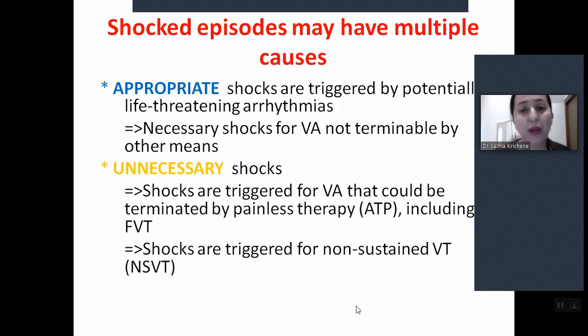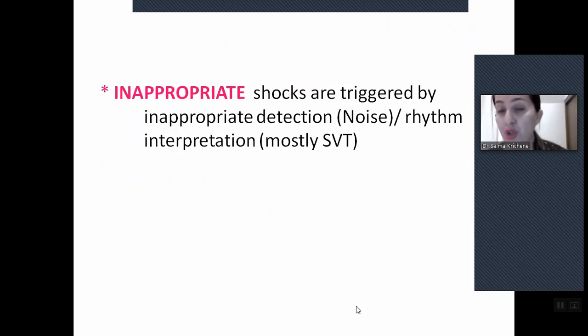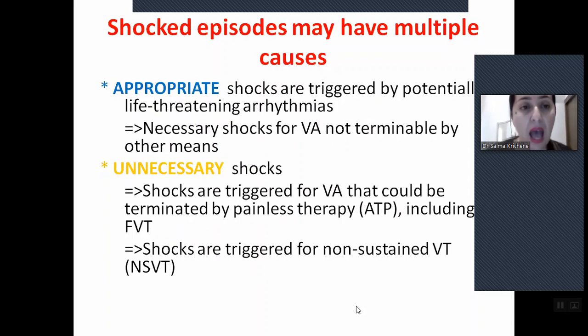We can distinguish three types of shocks: appropriate shocks, unnecessary shocks, and inappropriate shocks. Appropriate shocks are triggered by potentially life-threatening arrhythmias, so they are necessary shocks.